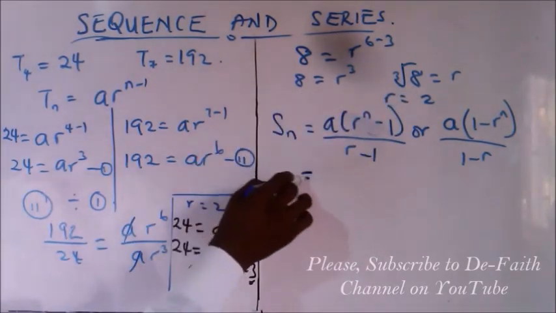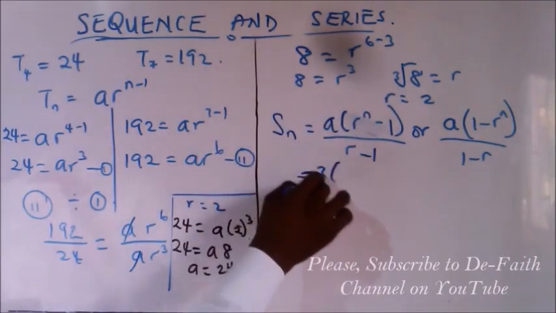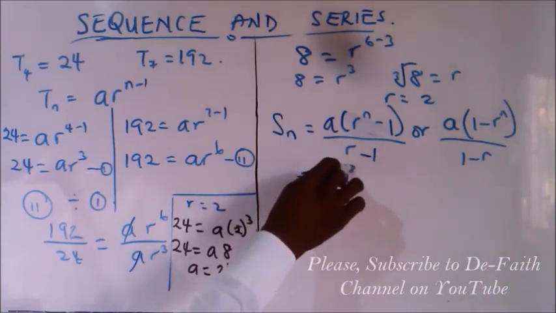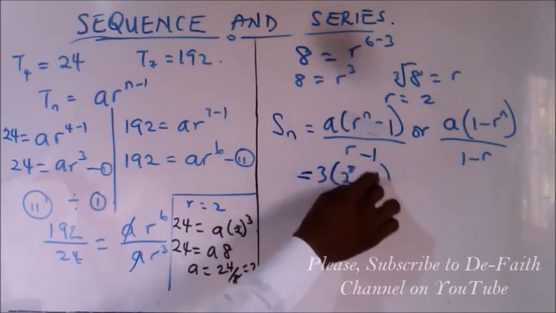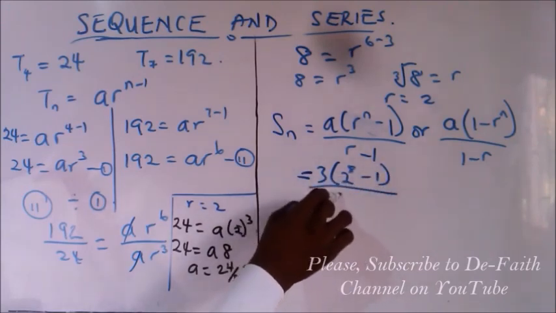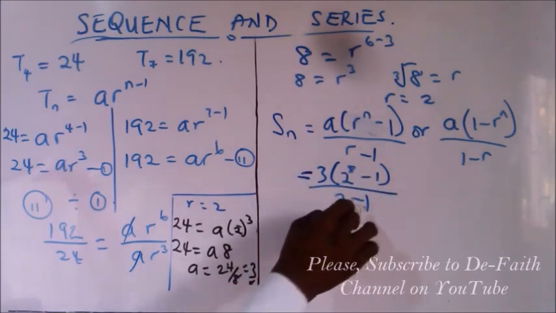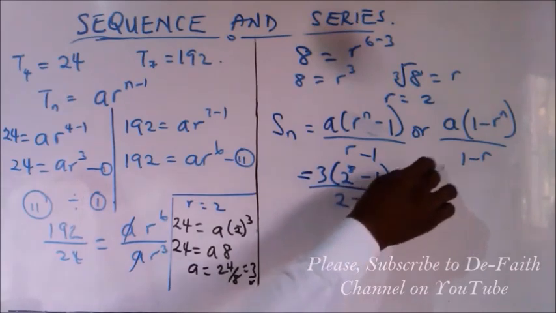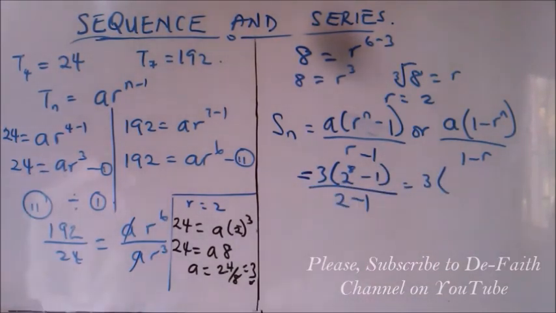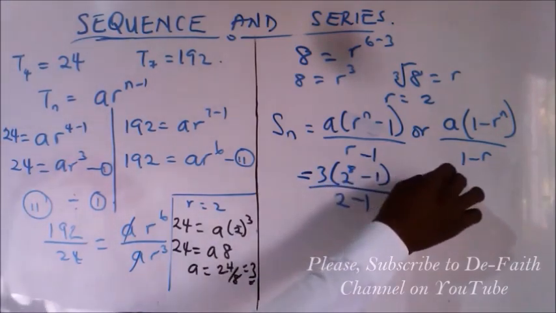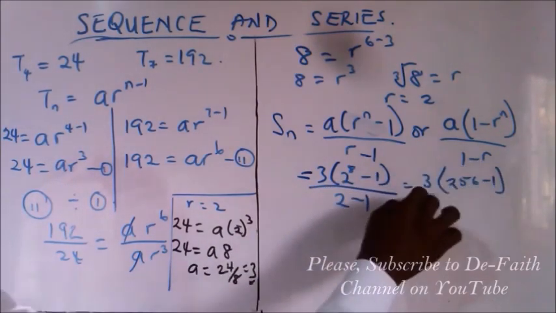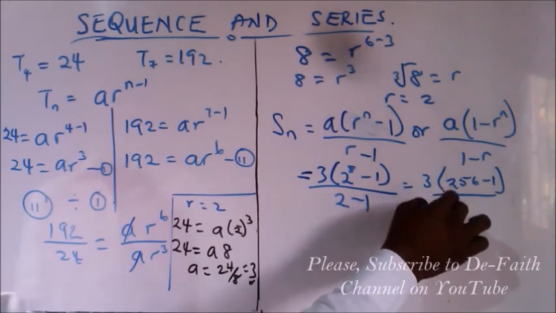So next, we have that our first term is 3 into bracket R, which is 2 raised by n, which is 8 term, minus 1 over R, which is 2 minus 1. With this, we have 3 into brackets 2 raised by 8 gives 256 minus 1 over 2 minus 1 is 1.